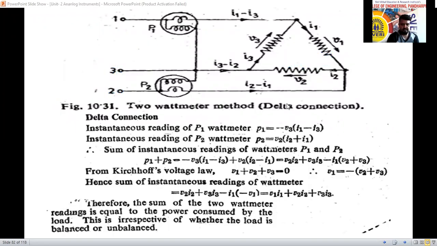3, 4, 5, 6. 7, 8, 9, 10. Roll number 11. Roll number 1, roll number 2, roll number 11. Roll number 17.